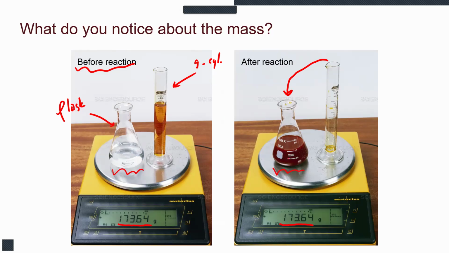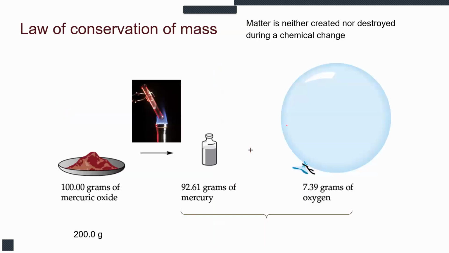It's even a different color, a bronzish color. But this solution and this solution are different in terms of how dark they are. One of them is kind of difficult to see through, and one you can't see through at all. After the reaction, it's a very dark, cloudy solution.